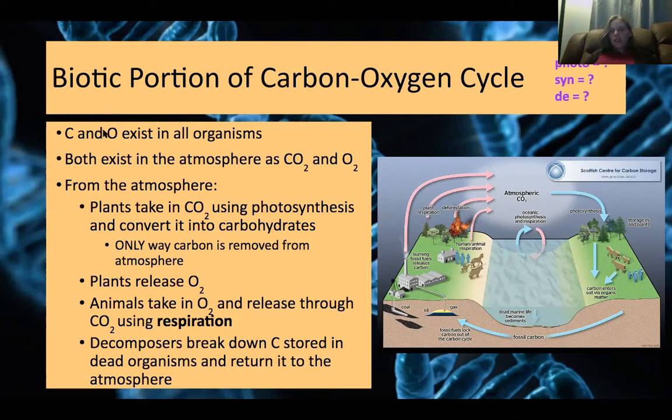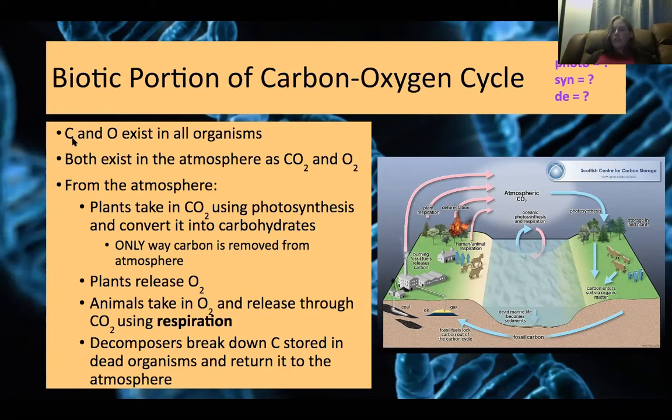Carbon and oxygen exist in all organisms. In fact, most of a living thing is made of oxygen bound to a variety of molecules to make them solids. But it is not the most important element for the structure of a life form. That element would be carbon.